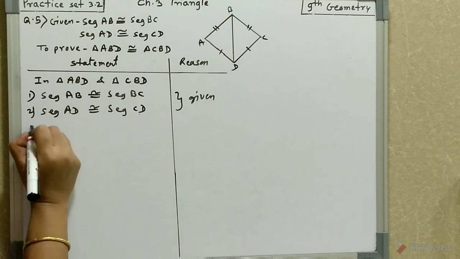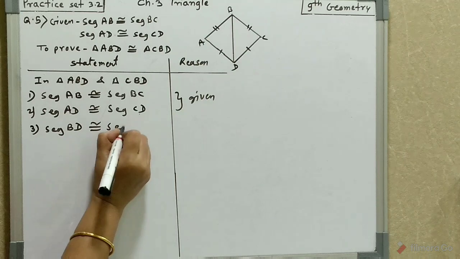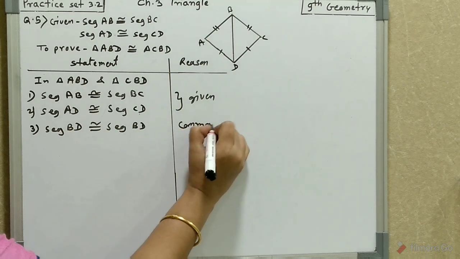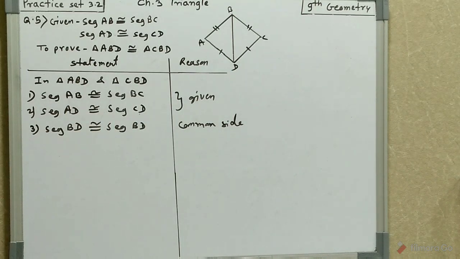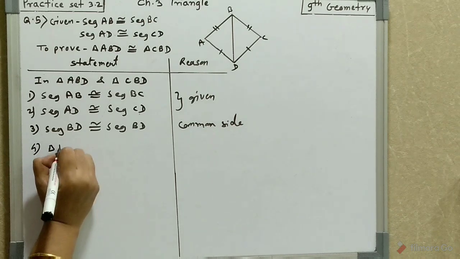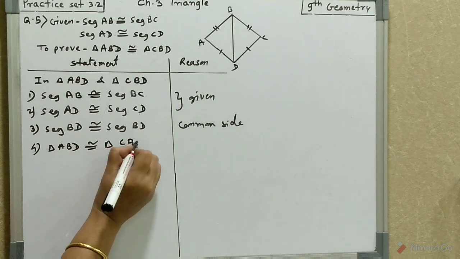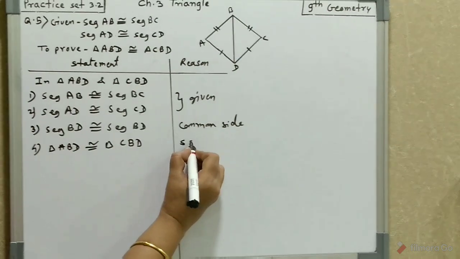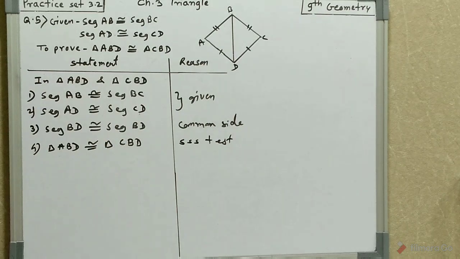That is third, segment BD congruent to segment BD, common side. Okay, our three pairs are complete. Therefore, triangle ABD congruent to triangle CBD. Which test? Side, side, side. So right here SSS test. We only prove the triangles congruent here, not write the remaining congruent part.